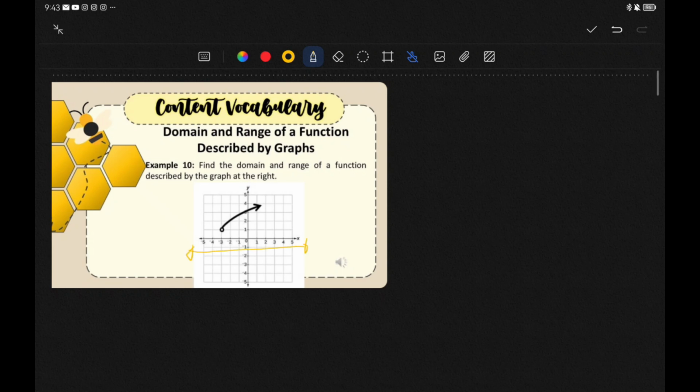So as we can see, the graph breaks at negative 3, but take note of the hole at point negative 3 and 1. This means that the lowest x value is almost at negative 3. As you can see, this is the lowest x value.